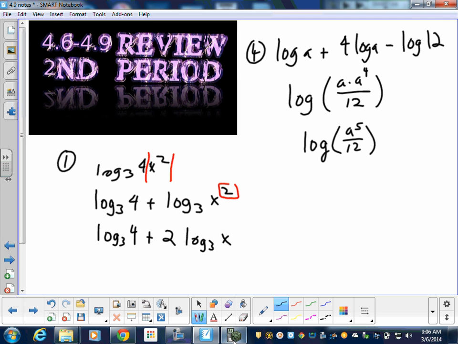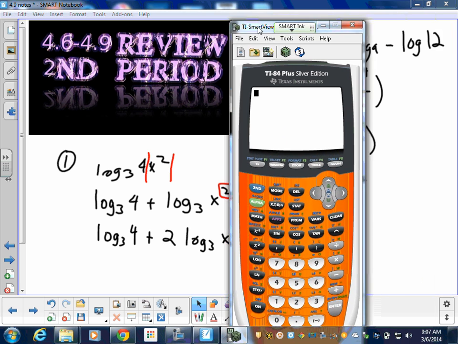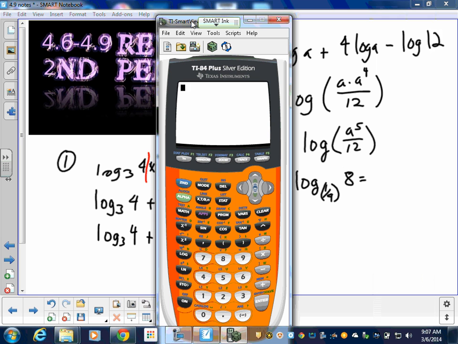All right, number 7, guys, number 7 says use a calculator to figure out the log base 1/4 of 8. Again, the calculator is going to have to be done in a specific way because the only way these calculators work here is when you put them in as change of base.